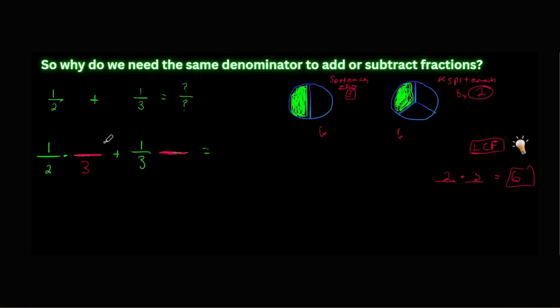So let's go ahead and split this one by 3, both the total, but we also need to split the numerator, like how much is shaded. So that's why we do this. We have to multiply top and bottom to make this make sense mathematically. So that's exactly what I'm going to do. In order to split this into 3s, I'm just going to do something like this. Let's see here.